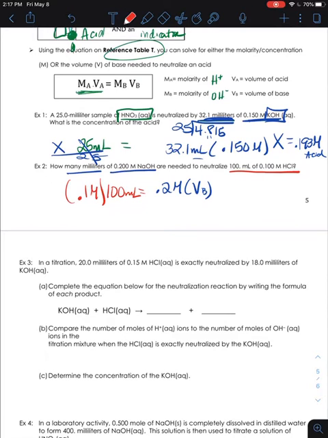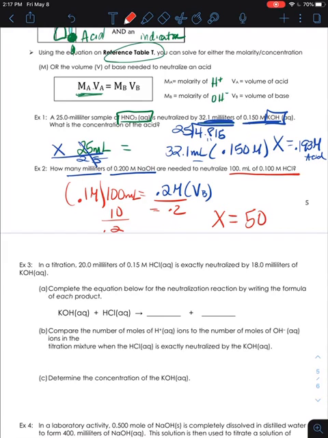So we do that. This is roughly about 10. We're going to divide this by 0.2. So X is going to equal about 50. And again, if you're not sure what the units are, look back to the question. This is in milliliters.